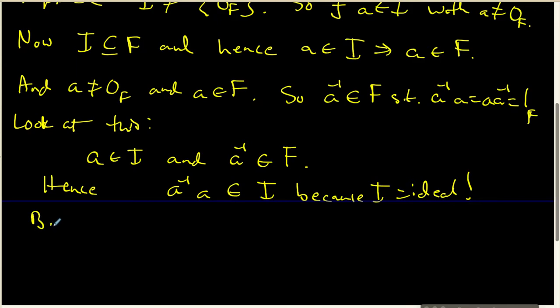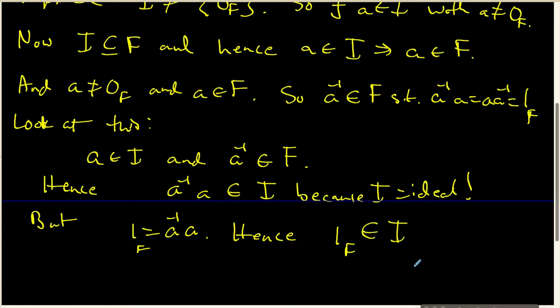But we already know 1 is equal to a inverse times a. Hence, the multiplicative identity of the field has to belong to our ideal.